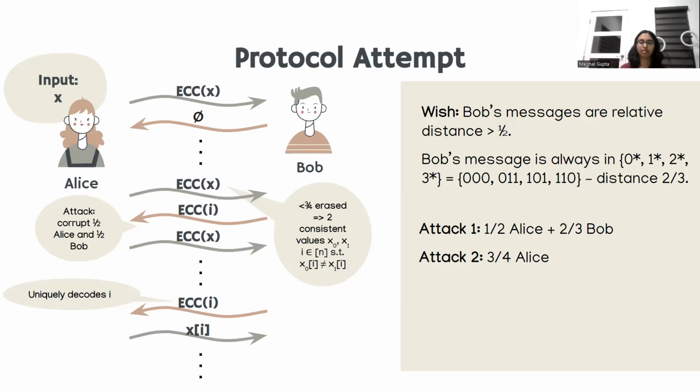So this is actually where the 6/11 comes from, because if you balance this with the other attack, which is just to corrupt 3/4 of Alice, so that Bob can never learn 2 possible values for Alice's input, then if you make the message ratios 8:3, you get that in order to execute either one of these attacks, the adversary would need to corrupt 6/11 of the bits in the protocol in total.